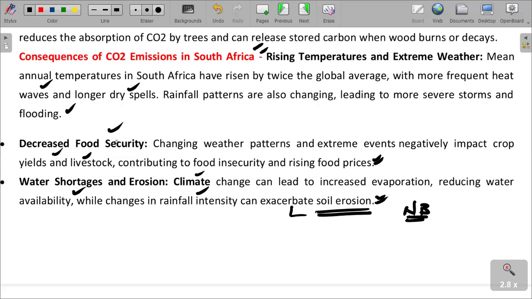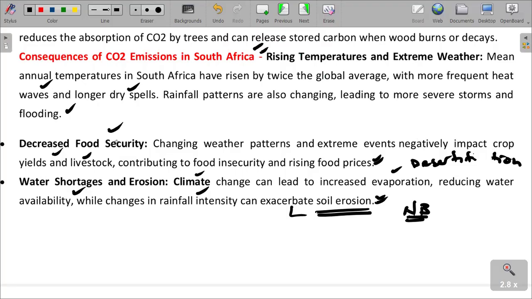whole. Climate change can lead to increased evaporation. This also results in what we call desertification, which is also a serious phenomenon. It is caused because of what? Because of the problems that we are referring to right now.